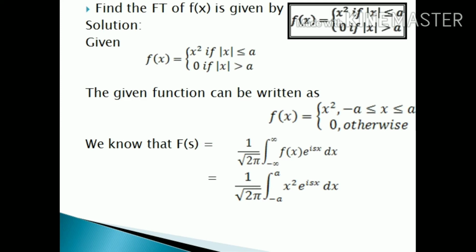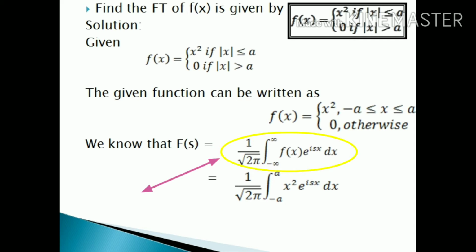Then we know the formula for the Fourier transform: F(s) = 1/√(2π) ∫ from −∞ to ∞ of f(x) e^(isx) dx. That is equal to 1/√(2π) ∫ from −a to a of x squared e^(isx) dx. How can we write the integral from −a to a here?